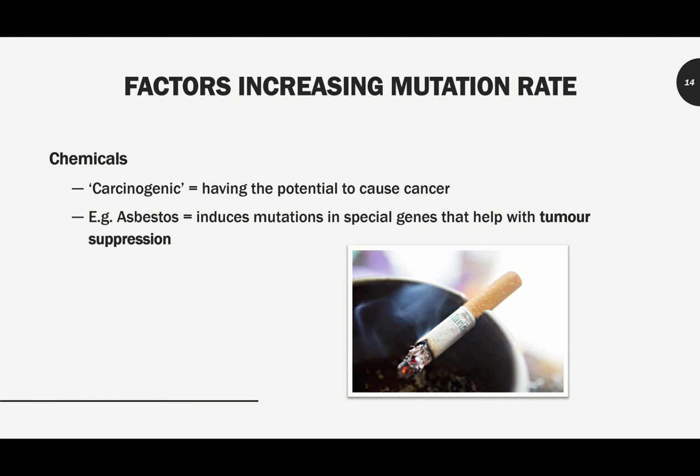It induces mutations in special genes that help with tumor suppression. Now, this is just an example of a chemical that could increase the mutation rate. What this chemical called asbestos does is it induces the mutations in special genes that help with tumor suppression.